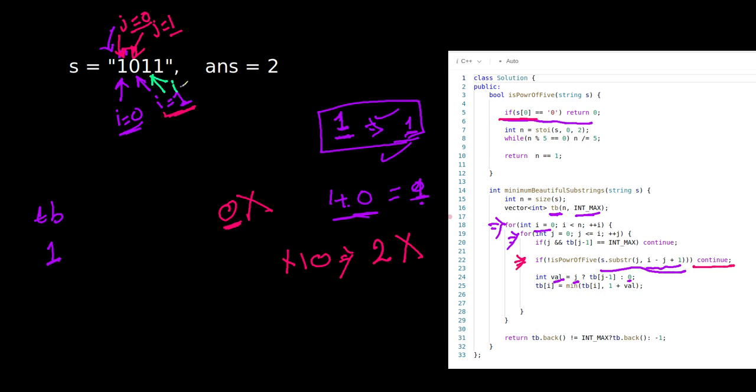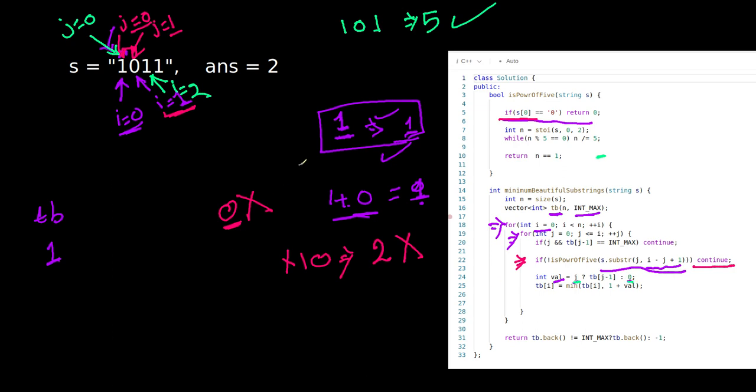Then we move to the next i equal 2, and again we try all possible j's. So j equals 0. The substring from 0 to 2 is 1 0 1, and this doesn't have a leading 0, and the decimal representation is 5, and this is a power of 5, so this will return true. And j is equal to 0.